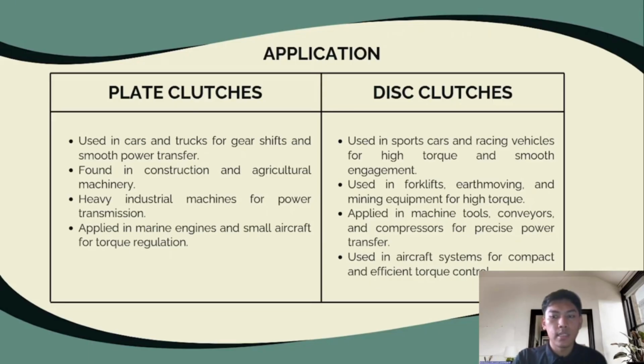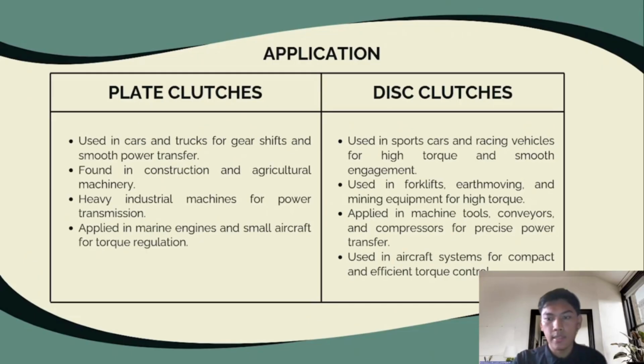And third is industry application, heavy industry machines for power transmission. Okay. Lastly, it is used in marine and aviation, applied in marine engines and small aircraft for torque regulation.